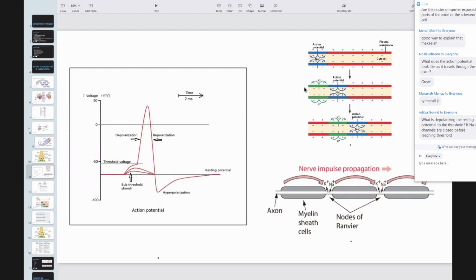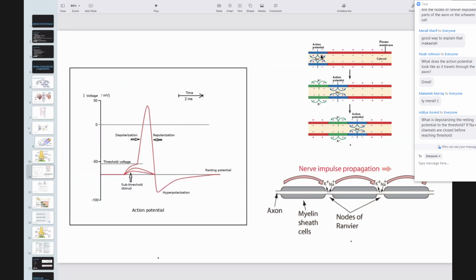What's going to happen is downstream, now at the beginning of this axon, the sodium channels, these are voltage gated because we're having a change in electrical property. The voltage gated sodium channels will open up. They're going to flood these positive sodium ions into the cytosol of this axon. So that's also going to change the electrical properties of the membrane in this area.